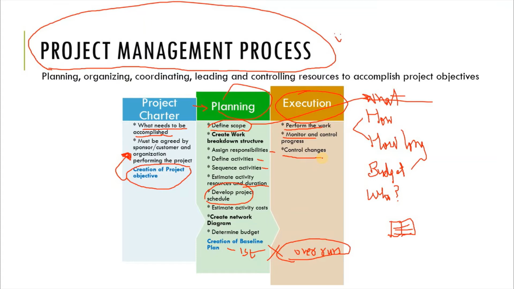Why do we need to control it? Because generally, if we don't control it, sometimes we will do work that is out of our scope, or we will make changes that are consuming extra resources, extra budget, extra time. So that's why we need to control our changes.